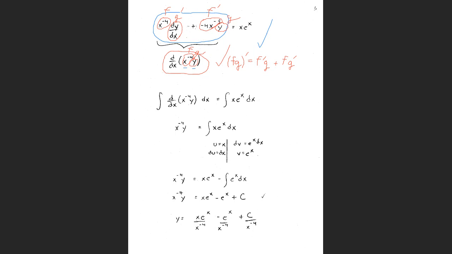So on the previous page, we multiplied through the standard form of the differential equation by x to the negative fourth. But the beauty is the left-hand side of the differential equation is the derivative of a product.